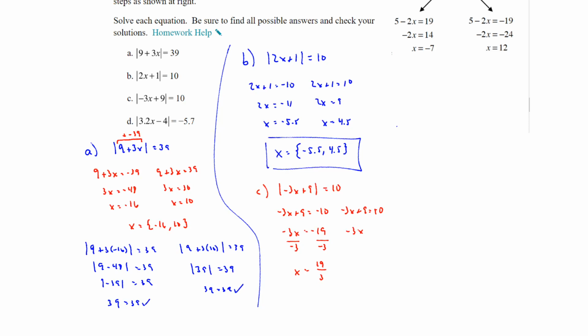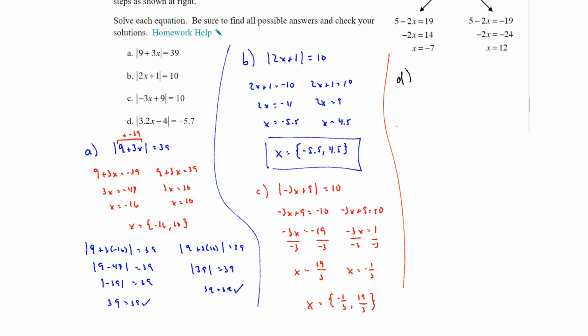And then on my other equation, when I subtract 9, I get 1, divide by negative 3. And once again, I'll leave that as a fraction, negative 1/3. So we have x equals negative 1/3, and then 19 over 3. And so you'll see me putting those in numerical order when I am writing them down here.